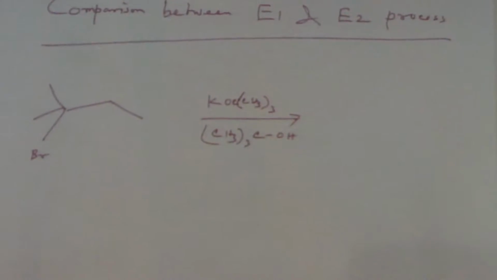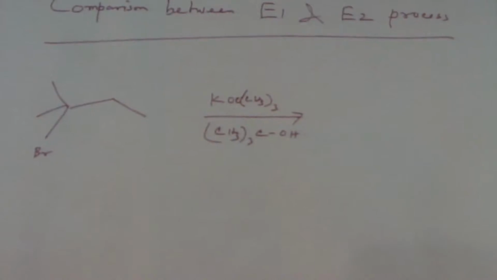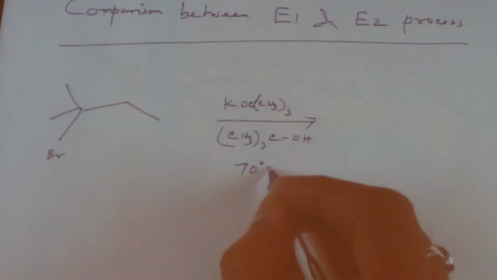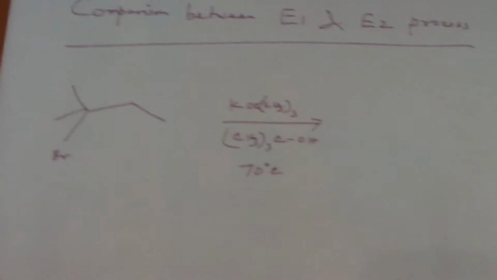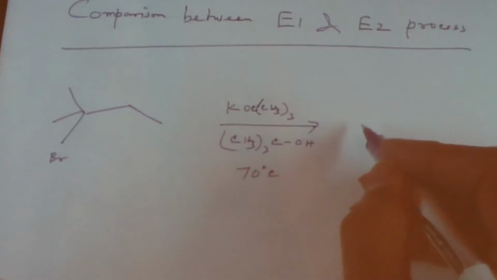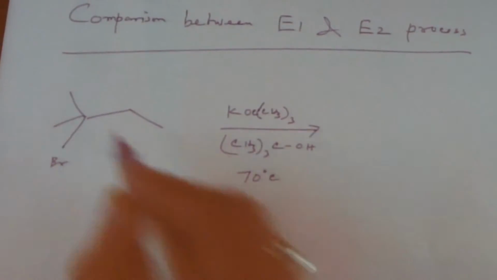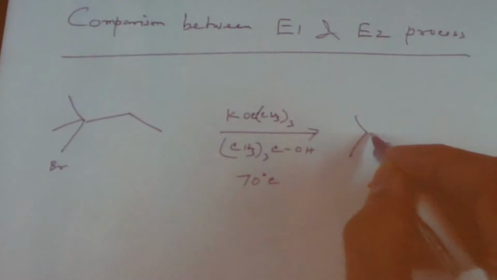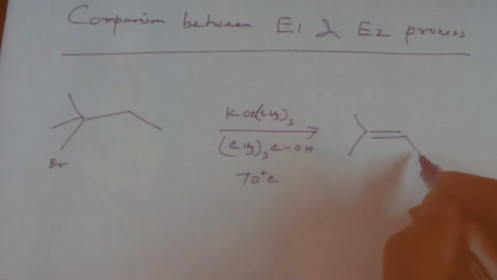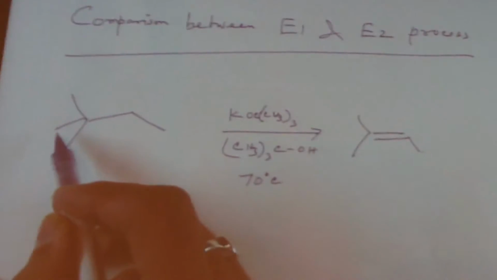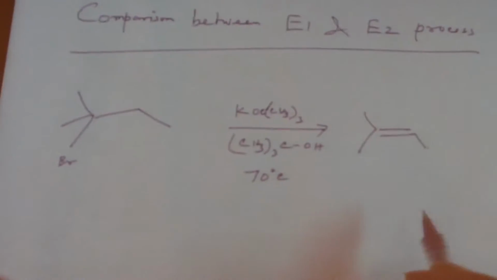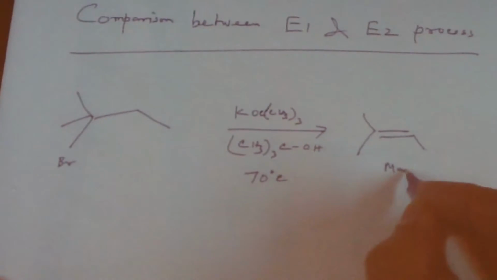If you carry out this reaction, obviously this is a condition where E2 reactions are carried out, you are going to get typically 2 products, and the predominant product according to Saytzeff's rule would be the one with the double bond in the middle, the major product.